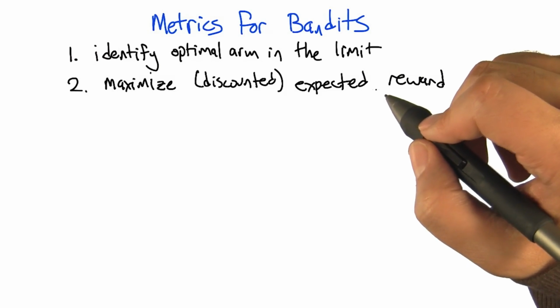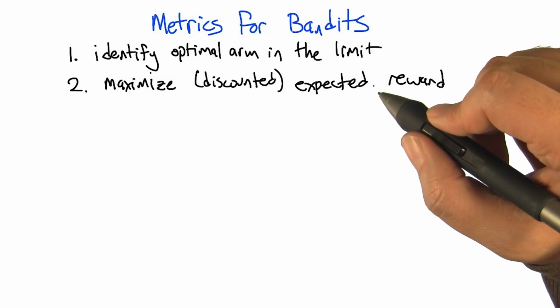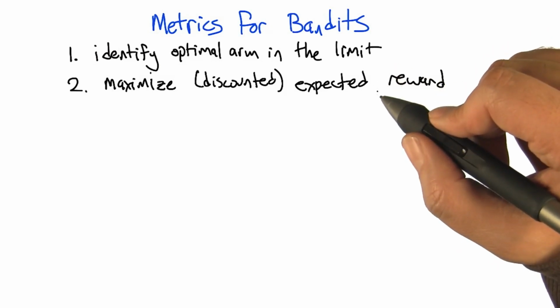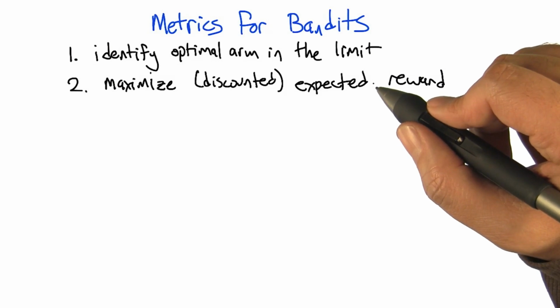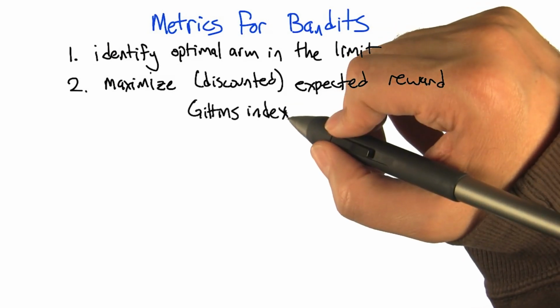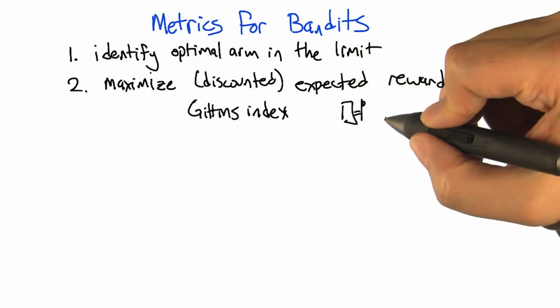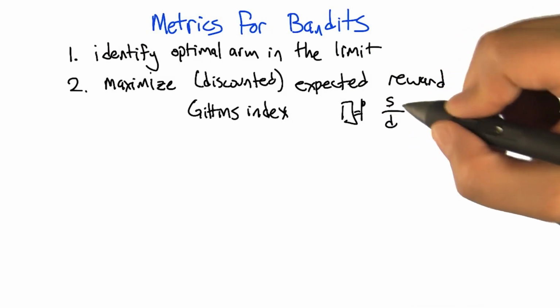Okay. So this is totally doable, except it's not so doable in that the computation for this ends up being somewhat intractable. Of course, we could talk about how you can actually do this in practice. There are some special cases that actually work out beautifully. There's a thing called a Gittins index. So the Gittins index is a way of saying, all right, here's an arm, and I've pulled it some number of times, and I've gotten some number of successes.